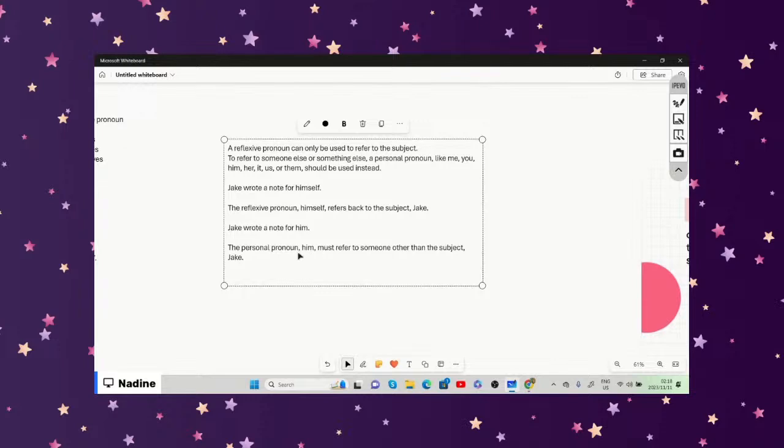If it was just a personal pronoun, then we would say things like her or him or she or them. But a reflexive pronoun is herself, himself, themselves, whether it is plural or singular form. And the personal pronouns are, for example, me, you, him, her, it, them, and so on, right?